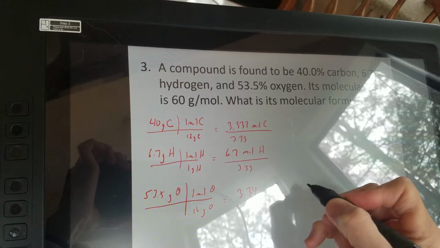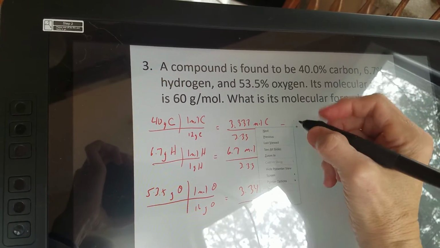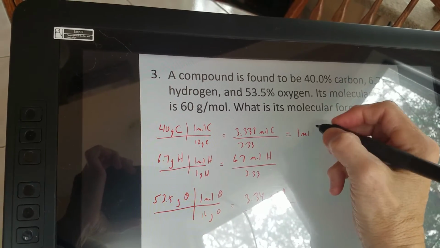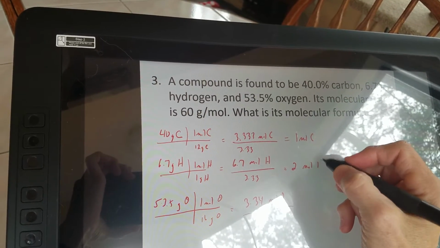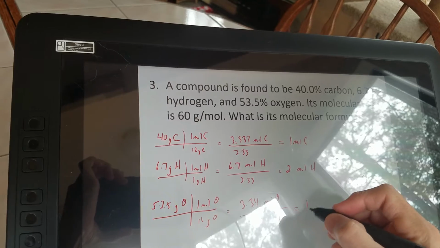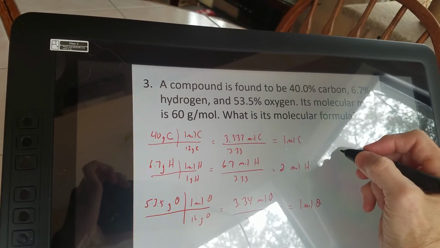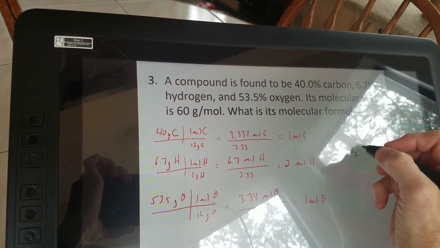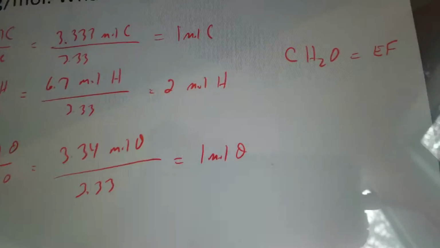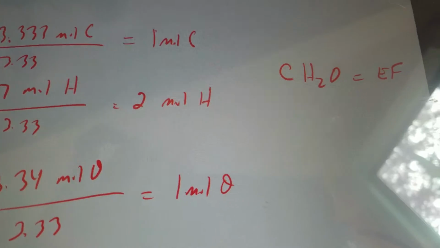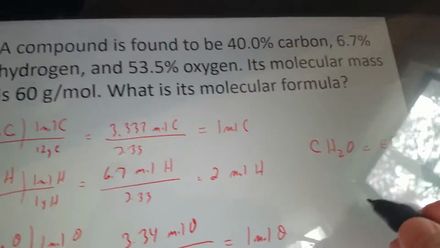We'll divide everything by 3.33. So I'm dividing by my lowest ratio, so this will be a 1 mole here for my carbon. If I divide that, that would be 2 moles here for my hydrogen. This will be 1 mole here for my oxygen. So my empirical formula will be CH2O. So now that I have the empirical formula, the next thing I want to do is find the mass of the empirical formula.